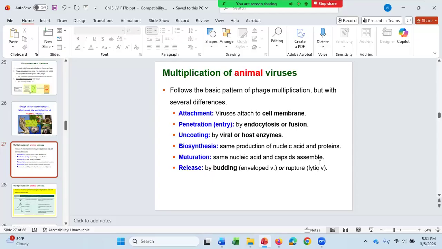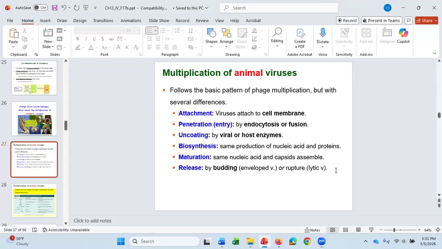But there are other viruses that do not follow the lytic life cycle. Most of them follow the budding life cycle. If they are a budding virus, they have an envelope. If they are a lytic animal virus, then they follow the lytic life cycle, or there is one other life cycle we'll talk about.